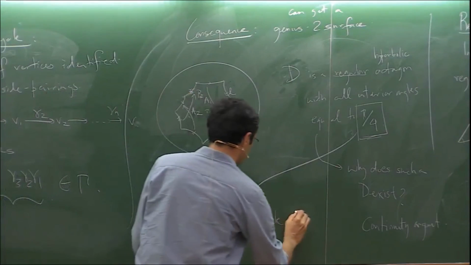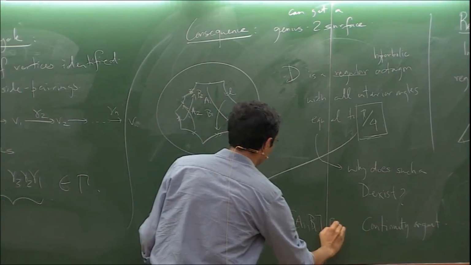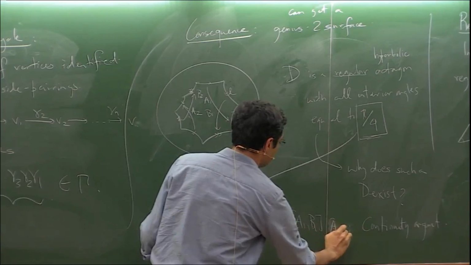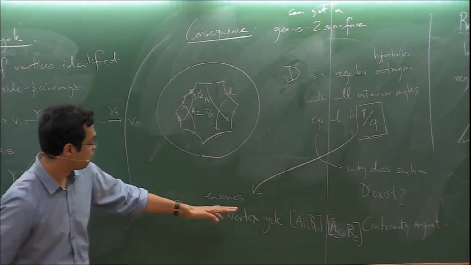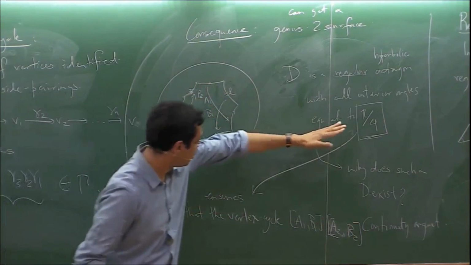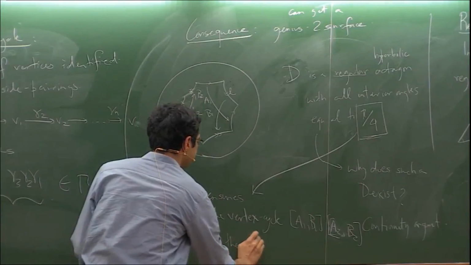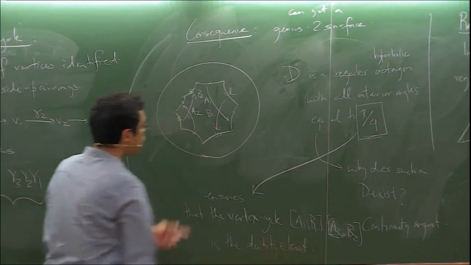It gives you this product of commutators. You might have seen this in the morning. So it gives you this vertex cycle, and because of this condition, it is the identity element. So then you indeed get a Fuchsian group.